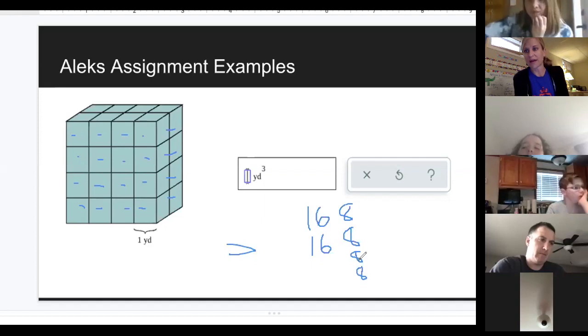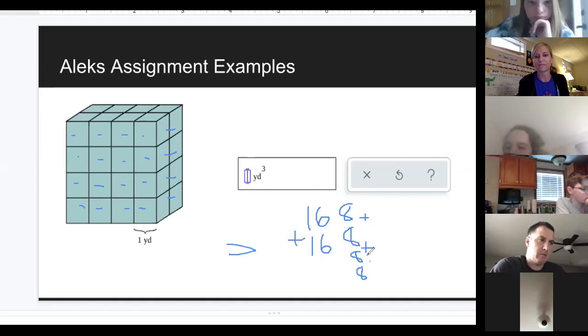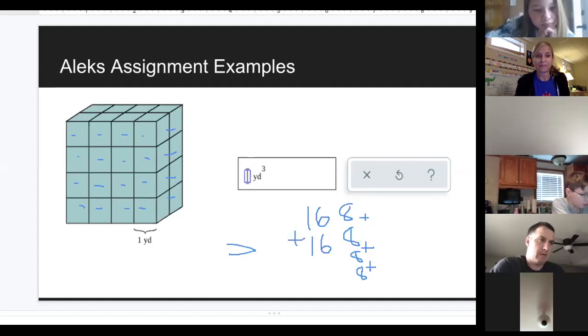What are we going to do with that, guys? If we want the total, add it. So I would add 16 plus 16 plus 8 plus 8 plus 8 plus 8, or you could multiply quickly, and then that's going to be your answer. Any questions on that at all? No. Okay, we'll go on to the next one.